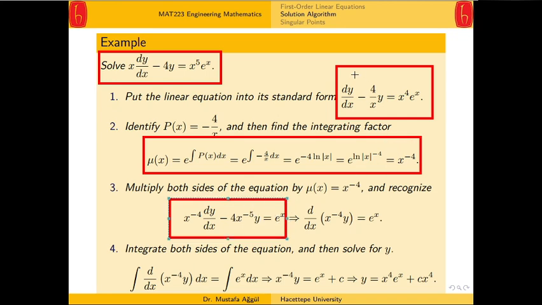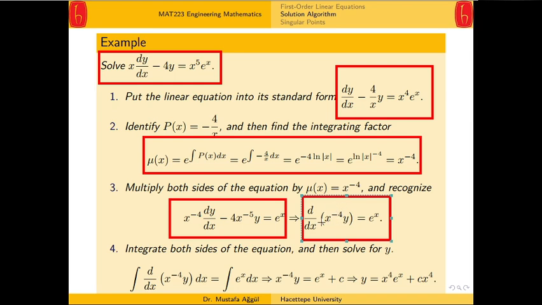We multiplied the standard form by the integrating factor, and we ended up with this, which is really equal to the derivative of x to the negative 4 times y is equal to e to the x. Why is that so? If you don't believe it, just apply the product rule and see what's really happening.